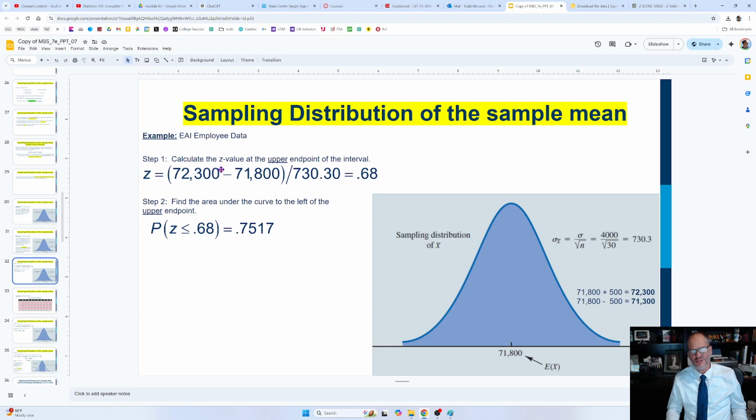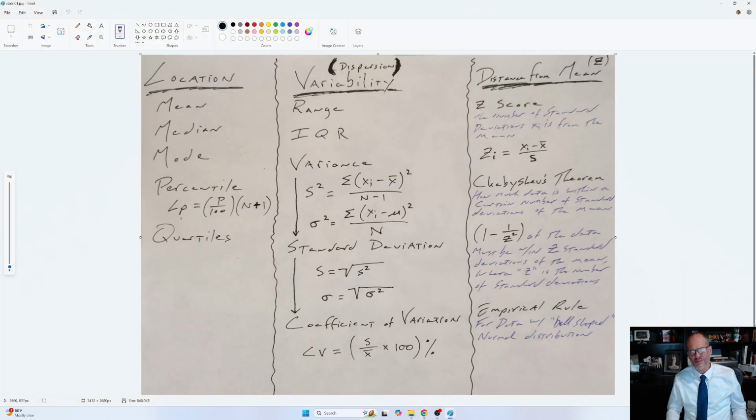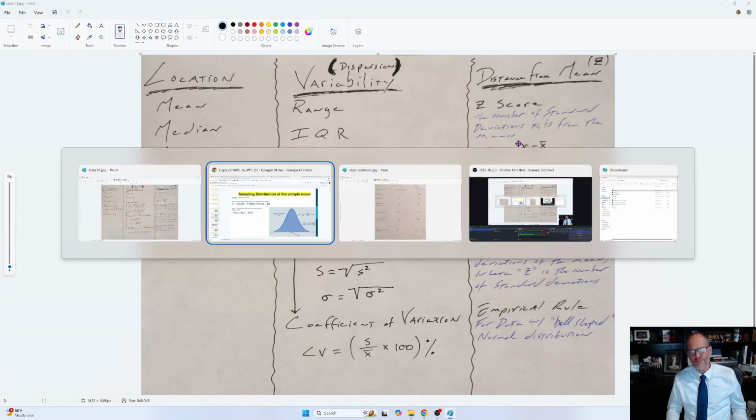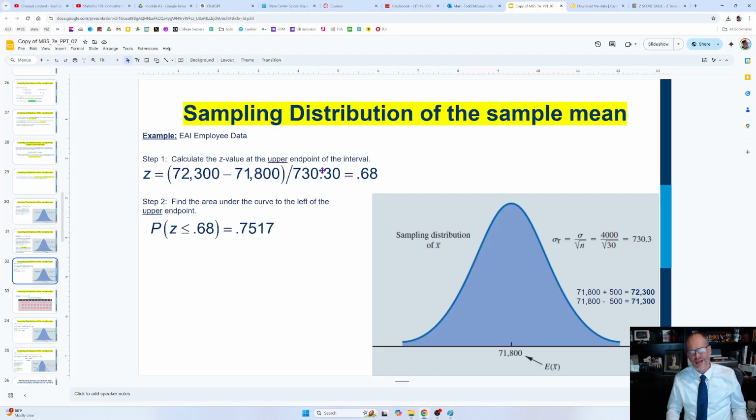We find the difference between the data point, 72,300, the data point xi right here, and the mean, and divide by the standard error, because we're doing the z-score for the sampling distribution of the sample mean. Then we get that z-score.